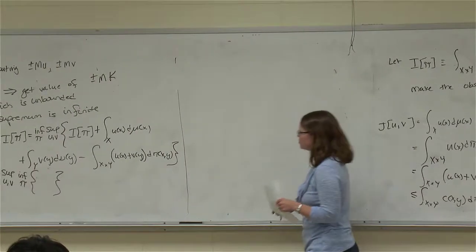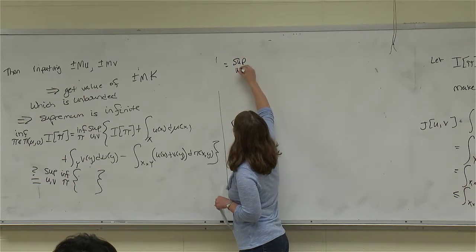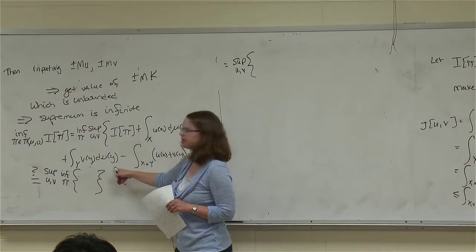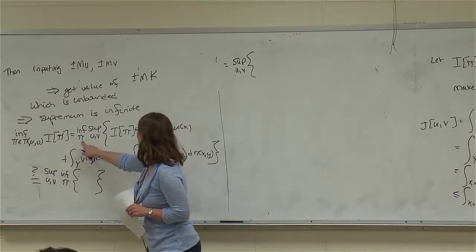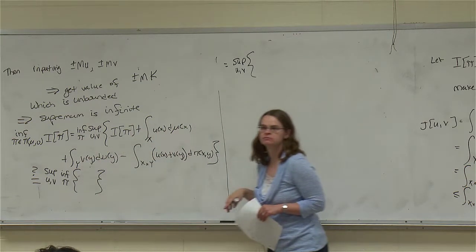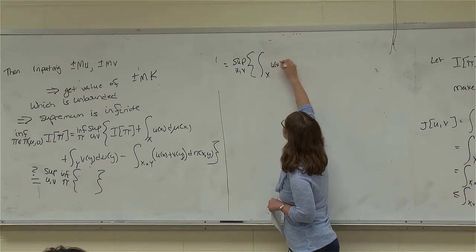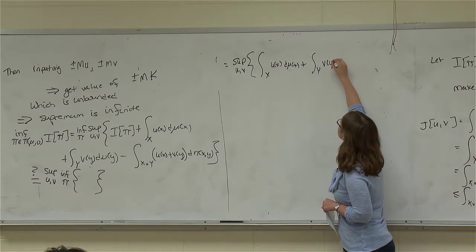Okay, so let's see what happens when we swap these things. If this worked, we've got a supremum over all u and v of, okay, this is the part that I really want, and it doesn't depend on pi, so I can move the infimum over pi inside of this. So u d mu, d mu.